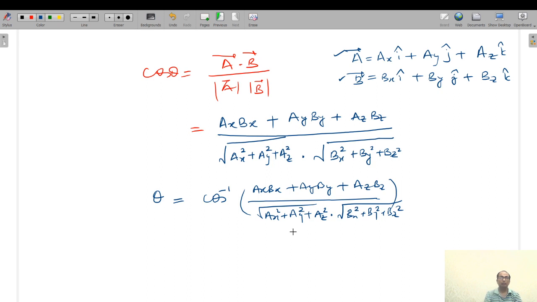Remember, this theta has to be between 0 and 180 degrees, the principal value of cos theta. It is given by this.